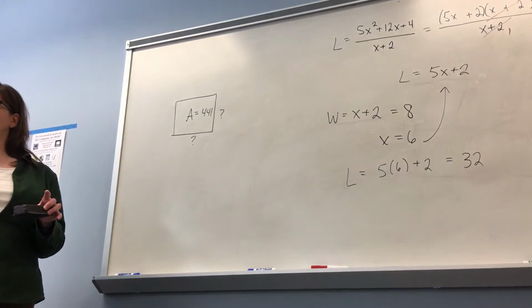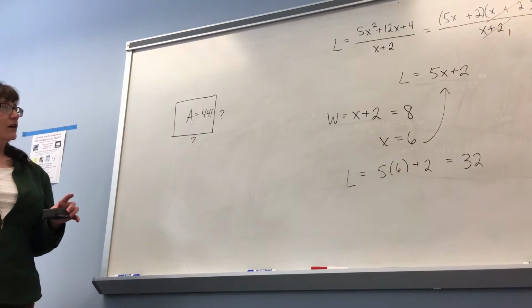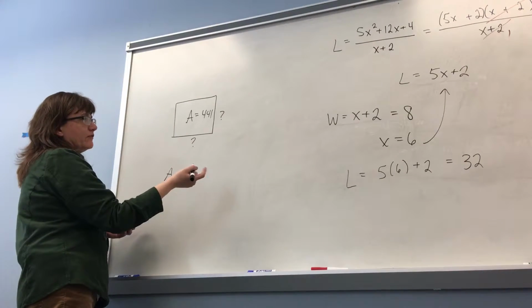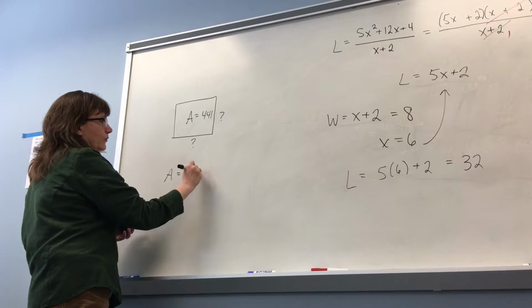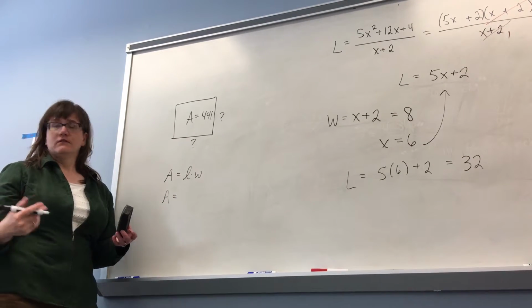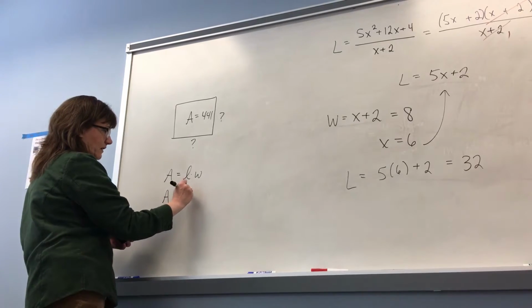Well, so I've got the area is equal to 441. How do you find the area of a square? The area of a rectangle is length times width. In a square, the length and the width are equal to each other. So we could just say this is s squared.